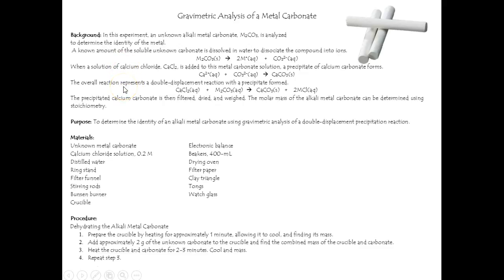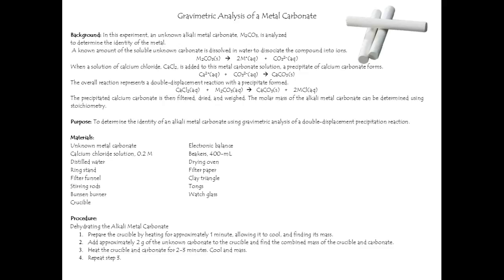So the overall reaction is that calcium chloride reacts with the metal carbonate to make calcium carbonate and the metal chloride. The only insoluble product is the calcium product, calcium carbonate. And so we filter it, dry it, and weigh it. And you can see that you need to be precise about these things in order to get good results.